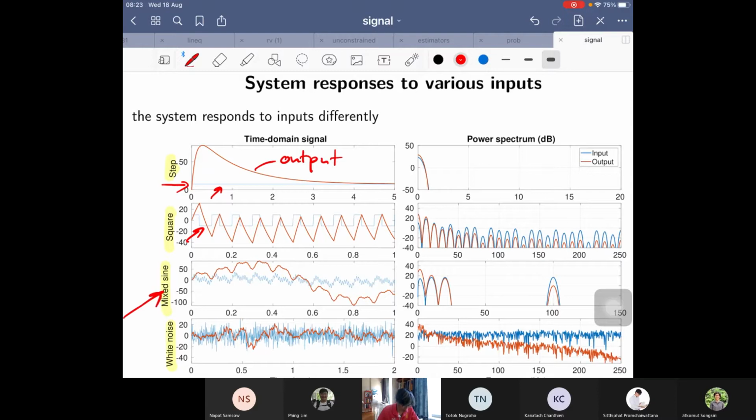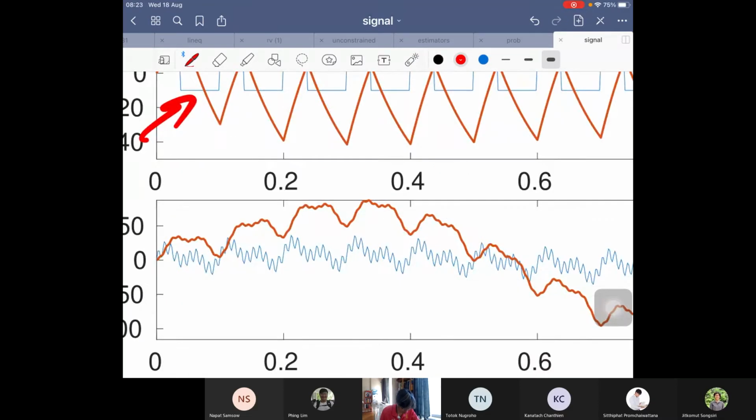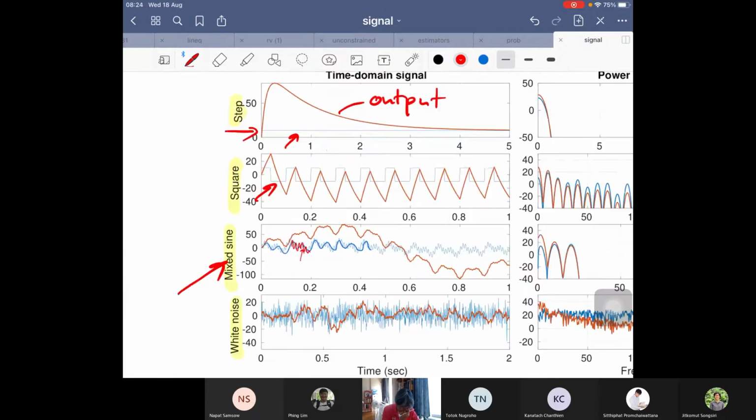The third one is a mix of sinusoids with different frequencies. You see that there are multiple envelopes. So this is the sinusoid with higher frequency, and the blue one is a sinusoid with lower frequencies. Again, the orange one is the response.